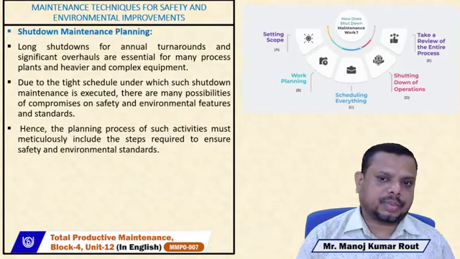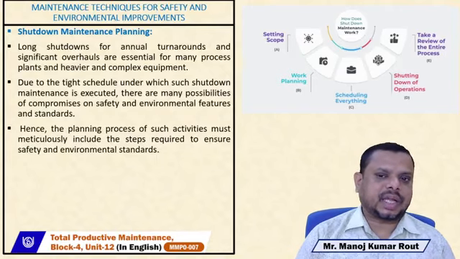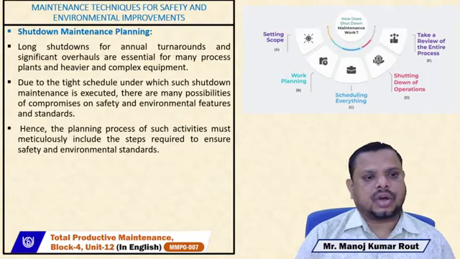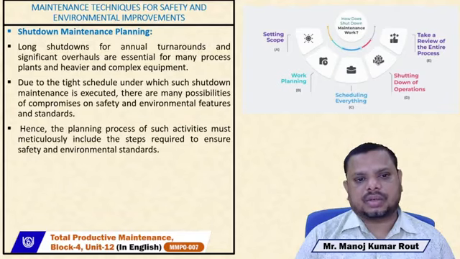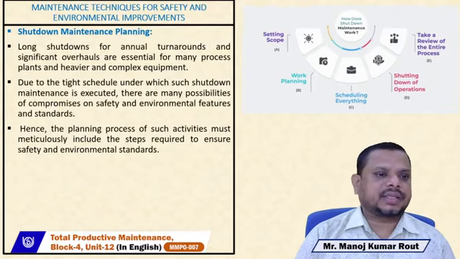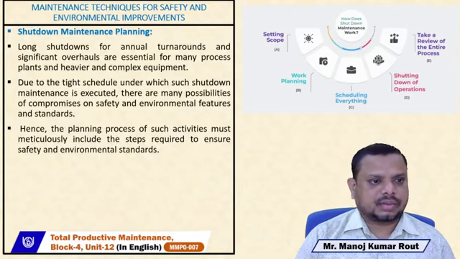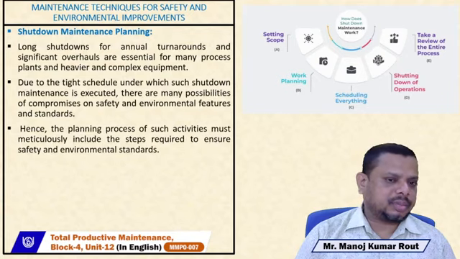If you go to the second step, work planning in shutdown maintenance planning, long shutdowns for annual turnarounds and significant overhauls are essential for many process plants and heavy, complex equipment.